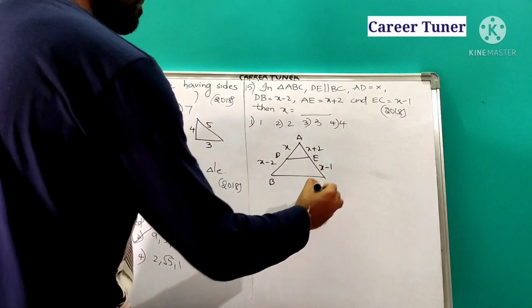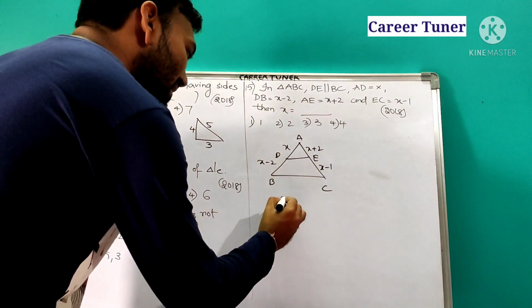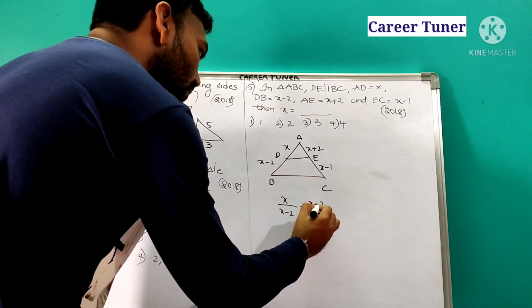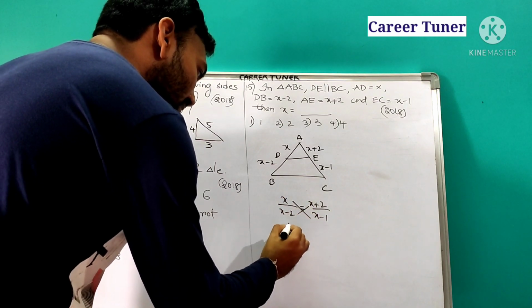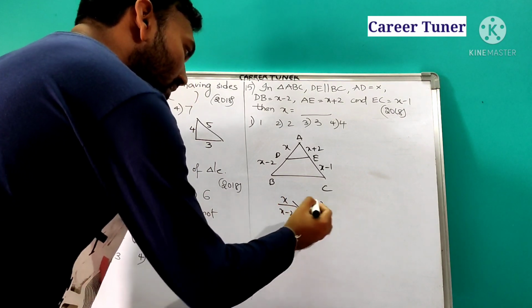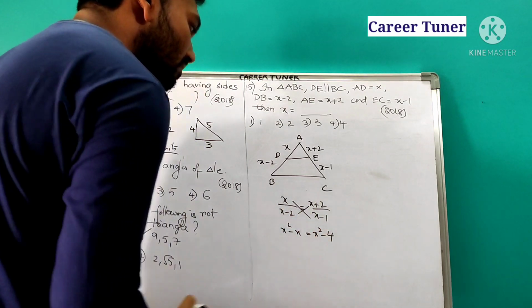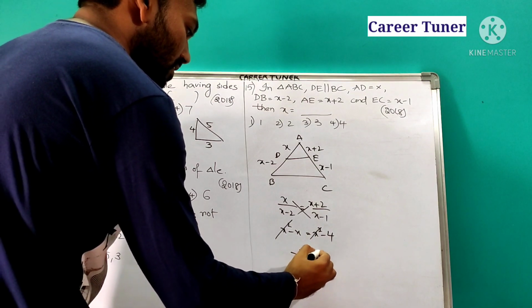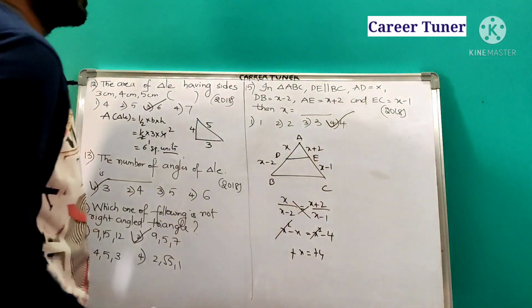So what do we know from the basic proportionality theorem? AD by DB is equal to AE by EC. So x by x minus 2 is equal to x plus 2 by x minus 1. Cross multiply. So x square minus x is equal to x plus 2 into x minus 2, that is x square minus 4, a square minus b square. x square gets cancelled. So minus x is equal to minus 4, minus minus gets cancelled. So x is 4. So 4 is the answer.